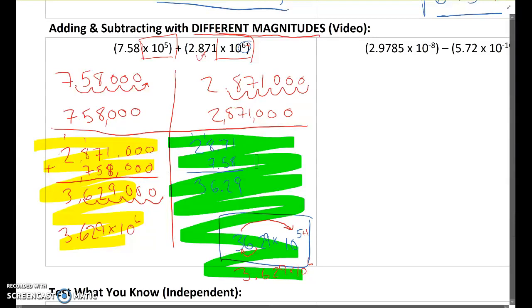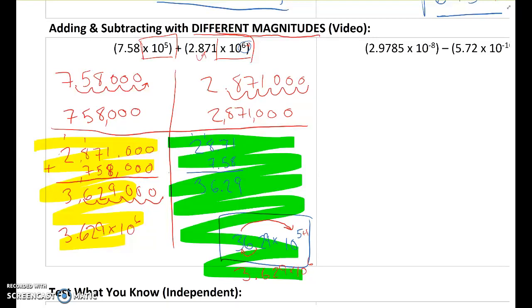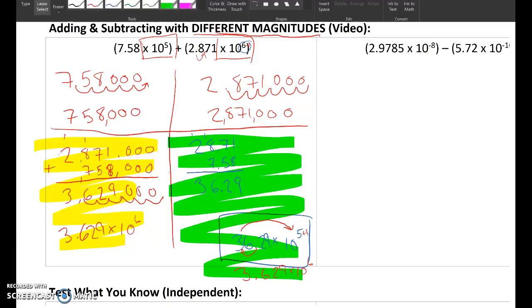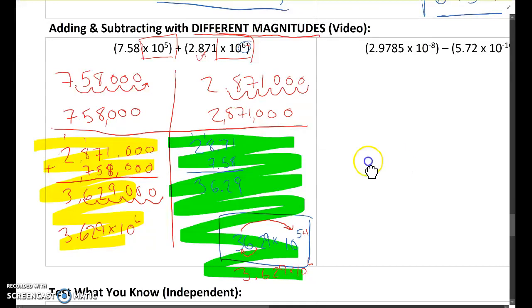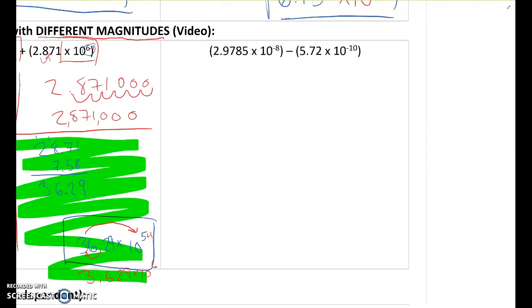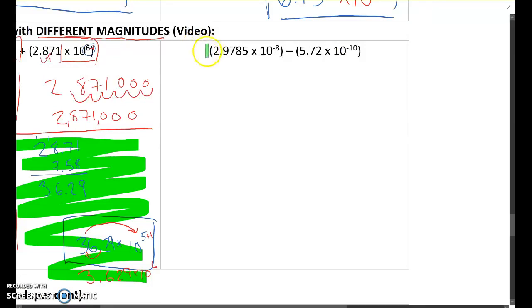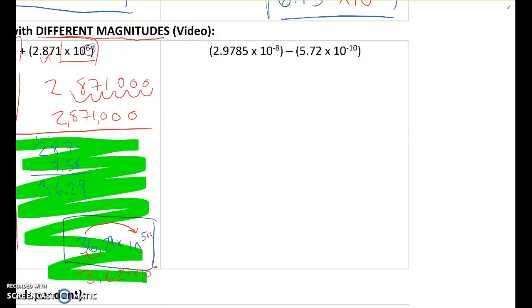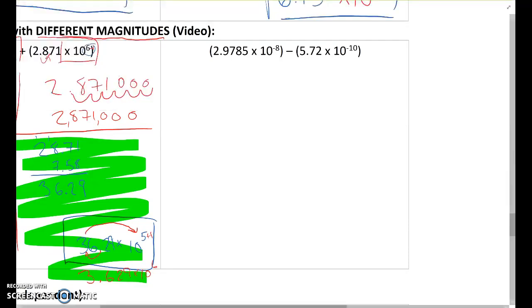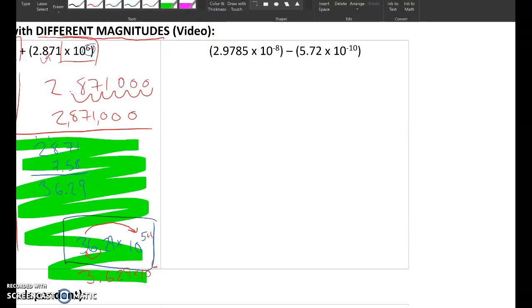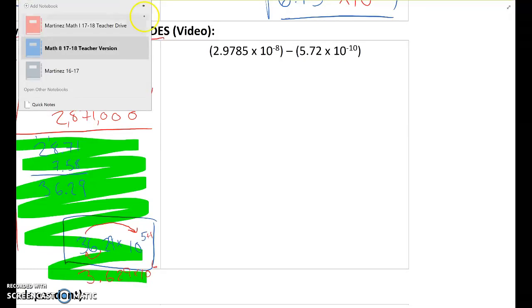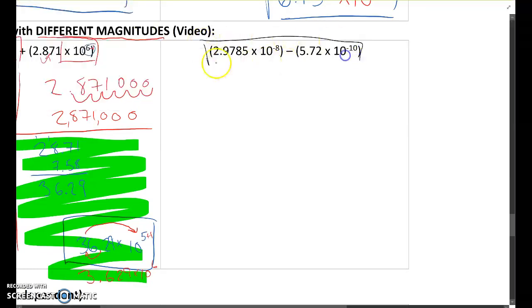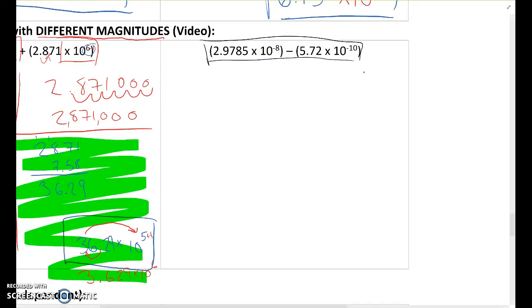However, sometimes when you get into problems like this one, that's a little tougher to conceptualize. So what I want you to do is try this problem on your own. Pause the video. I will as well. We'll come back together and we will talk about it.